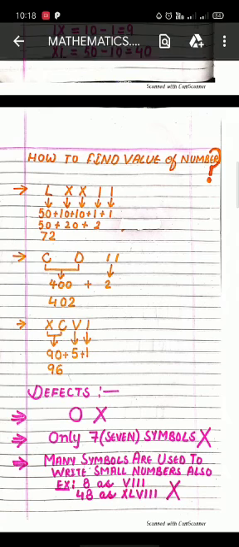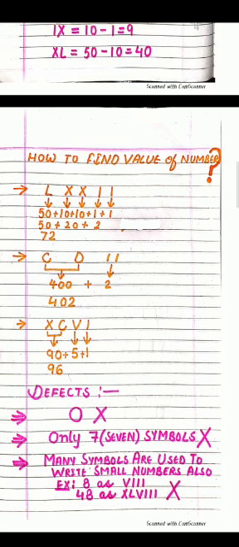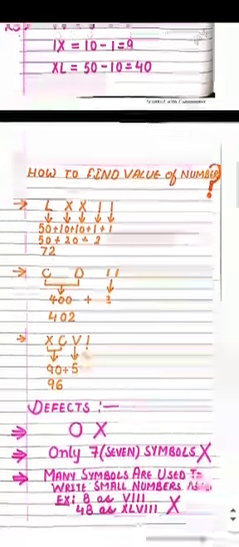Next, C and D. What we have learned earlier is that a small number written before the bigger number means subtraction. So here D means 500 and C means 100. So 500 minus 100 becomes 400, and the 2 I symbols mean 2. So it comes as 402.